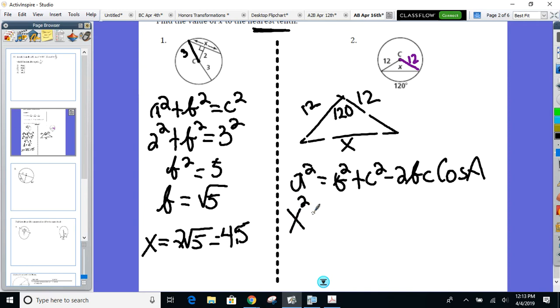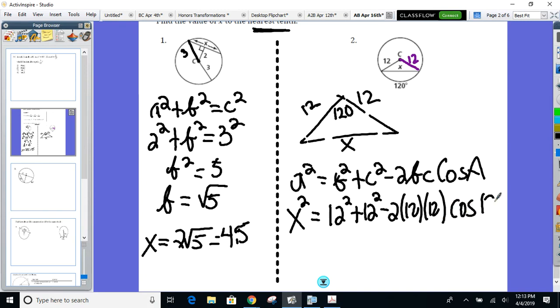So x squared equals b and c, the other two sides, 12 squared plus 12 squared minus 2 times 12 times 12 times the cosine of the angle in the problem, for us 120. Please make sure your calculator's in degree mode, because 120 degrees is not in radians, it's in degrees. You should be able to do this all in one step.